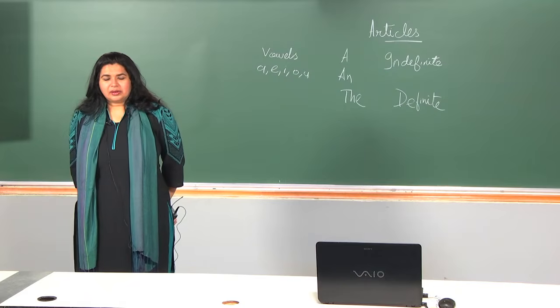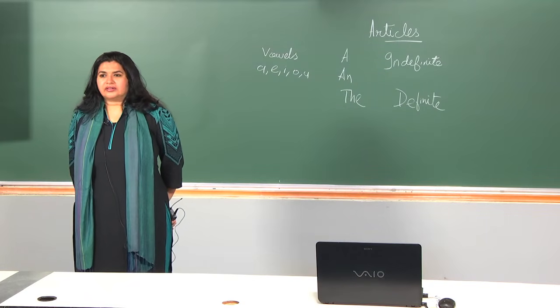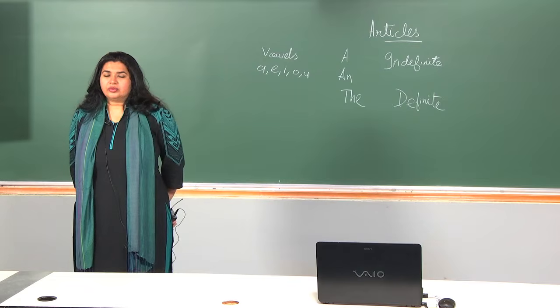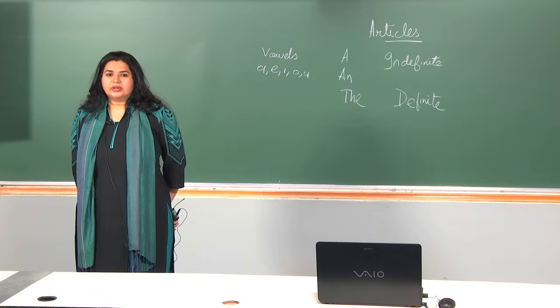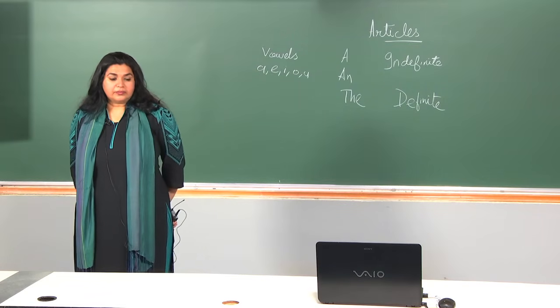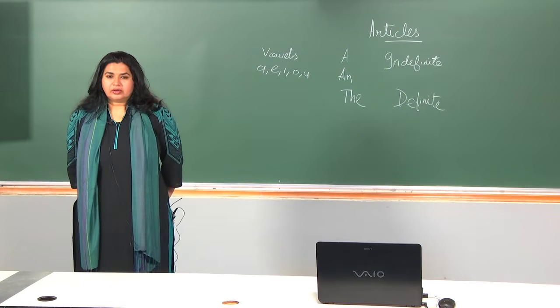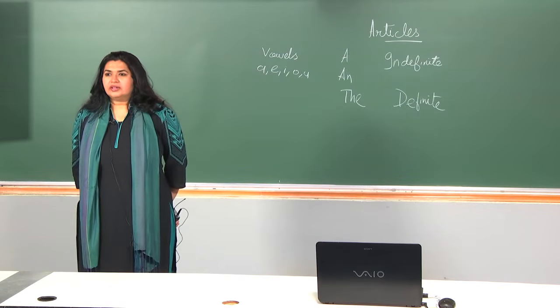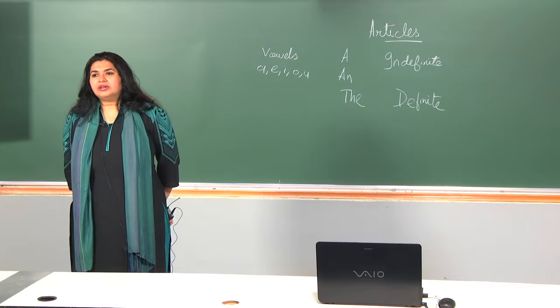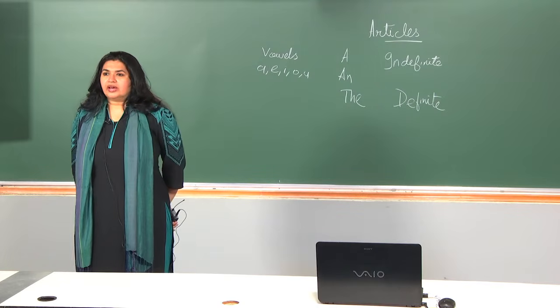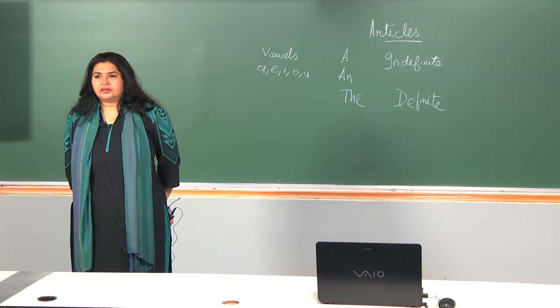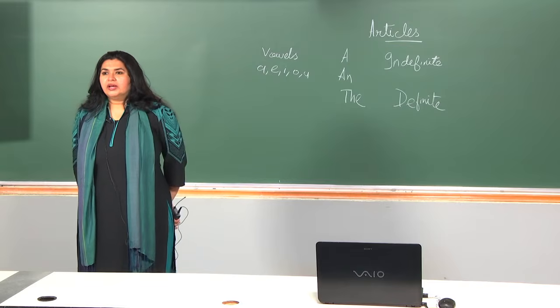They are also pointers, like these books, this table, that microphone, but those are demonstratives. Here we are talking about articles which are used to point out or refer to nouns.